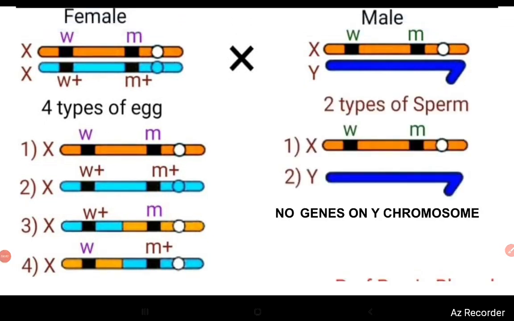So there are no genes on the Y chromosome, and males produce 2 types of sperms.